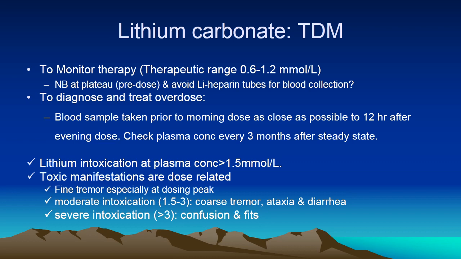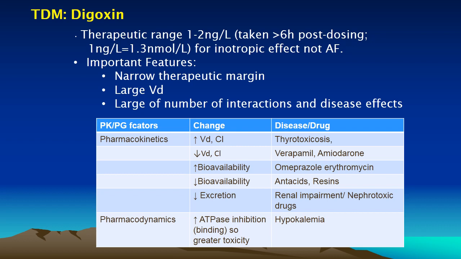They should never be used, otherwise they will interfere with lithium estimation. The blood sample is taken prior to the morning dose, as close as possible to 12 hours after the evening dose. That is very important. Lithium intoxication would occur when levels are more than 1.5 millimoles per liter. Therefore, lithium has a narrow therapeutic index.